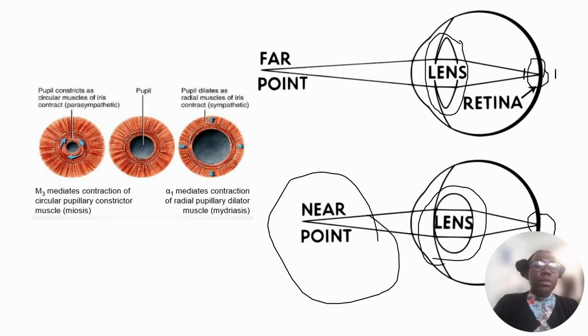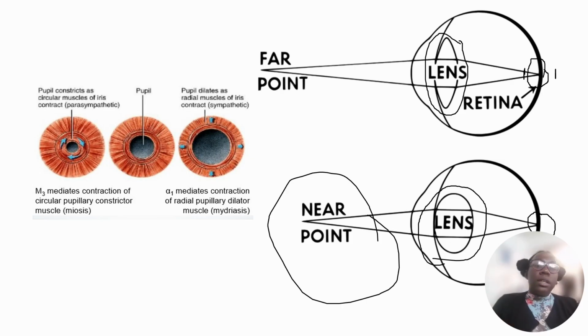And here we have the pupil. The pupil plays an important role in how much light is falling on the lens and the retina.